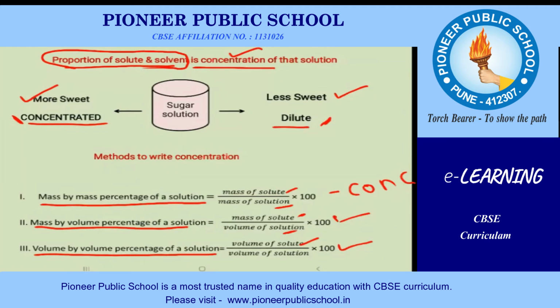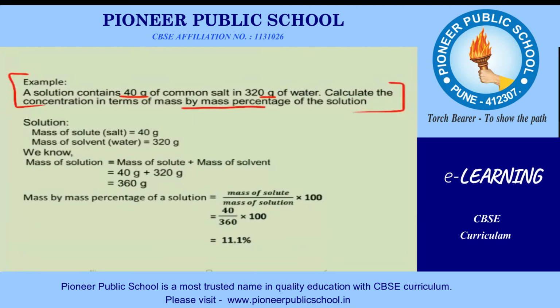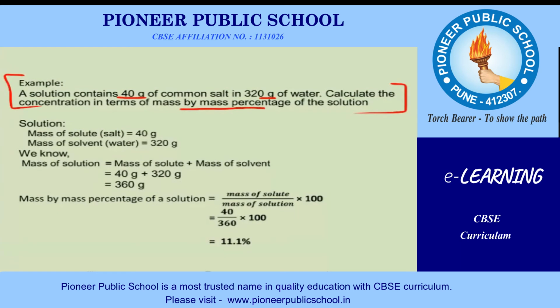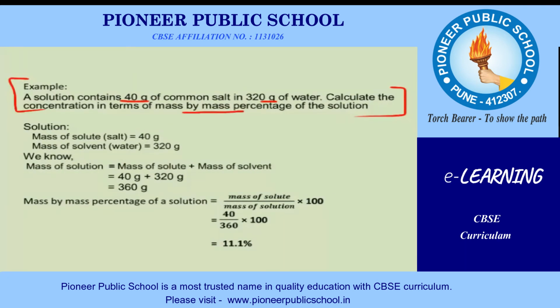Now let's take one example or sum on this concept. Here I will read this example, students. A solution contains 40 gram of common salt in 320 gram of water. Calculate the concentration in terms of mass by mass percentage of the solution.